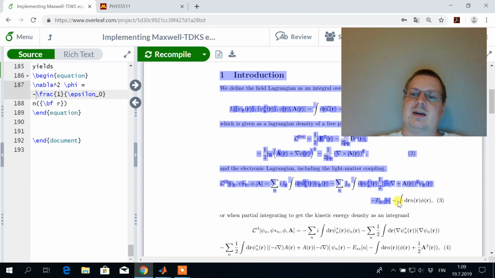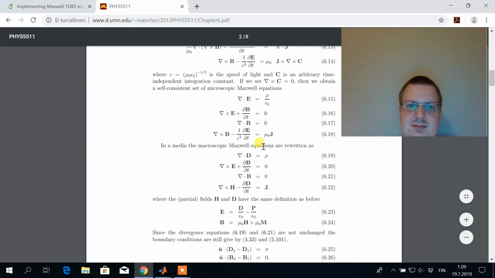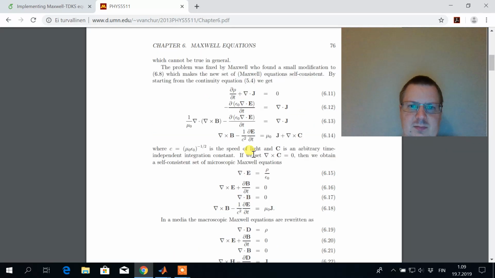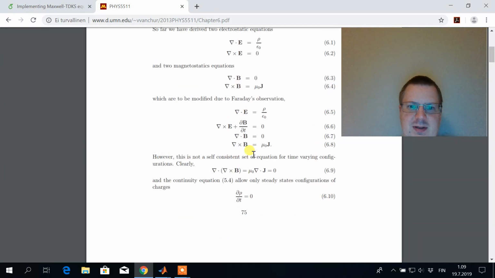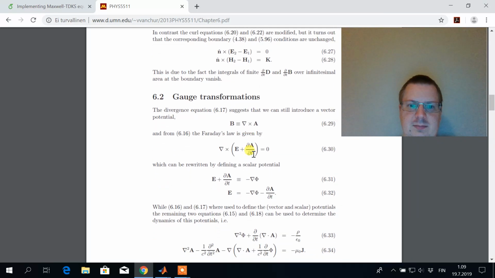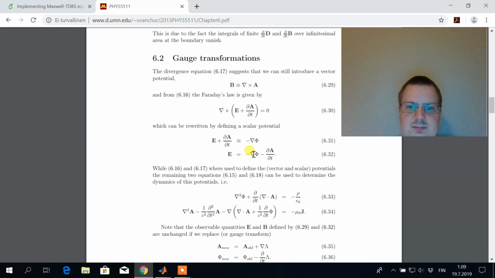But if I have chosen it wrong, that might be why I get the different sign from here, or just how the electric field is defined. No, wait, there is a minus.